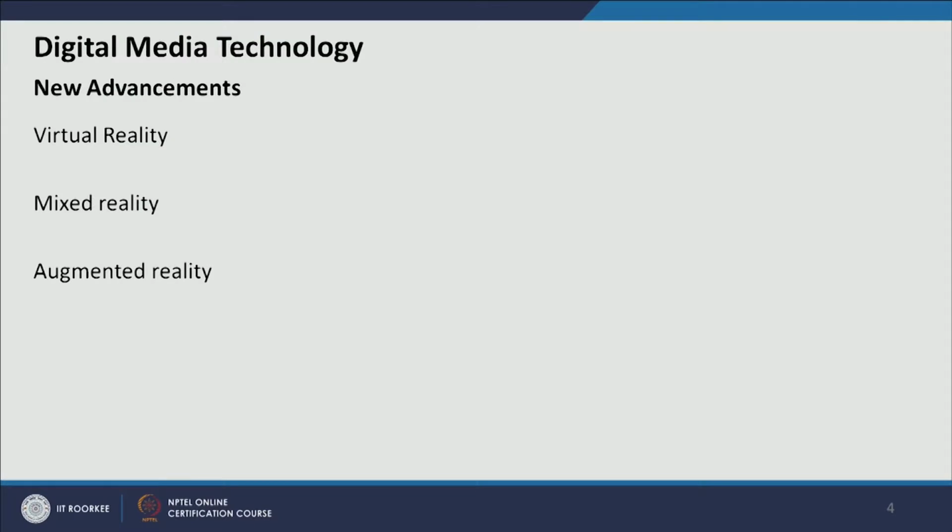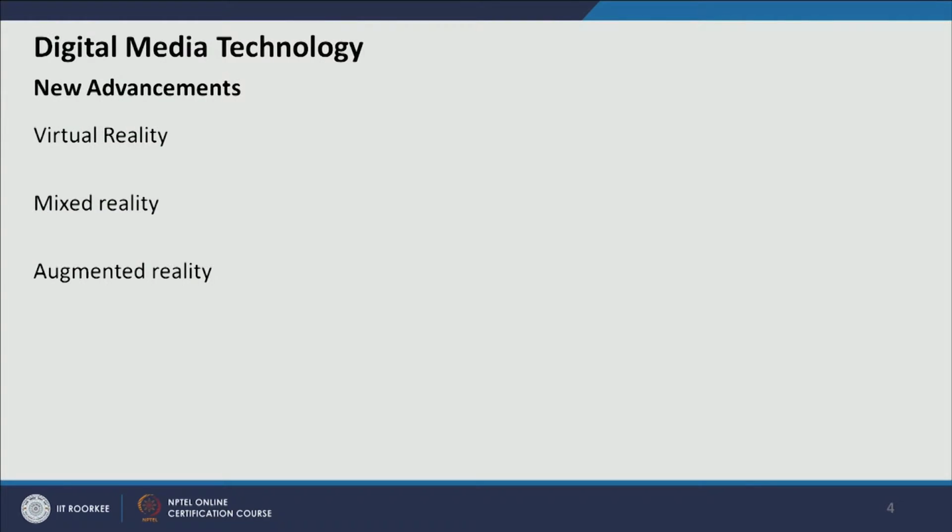But right now the new advancements are happening in terms of virtual reality, mixed reality and augmented reality. We will discuss what they are, and there the display system, the use of typography and the use of images, the use of everything will be relooked.